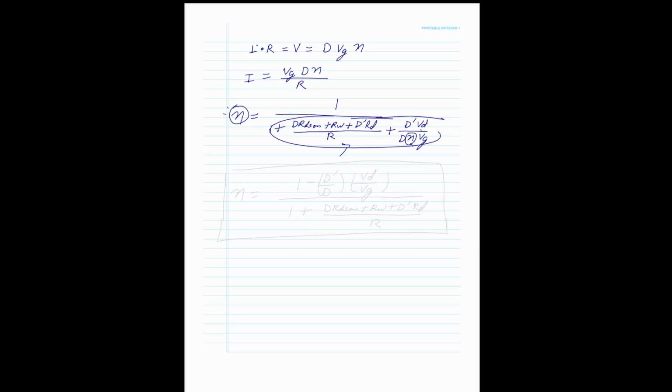When you do that, and again, in my book, I do all the steps, but you can multiply and divide out, you will get that the efficiency will be equal to 1 minus D prime over D times VD over V sub G, and you'll get 1 over 1 plus D RDS on plus RW plus D prime RD over R. This is the exact equation that we solved before.